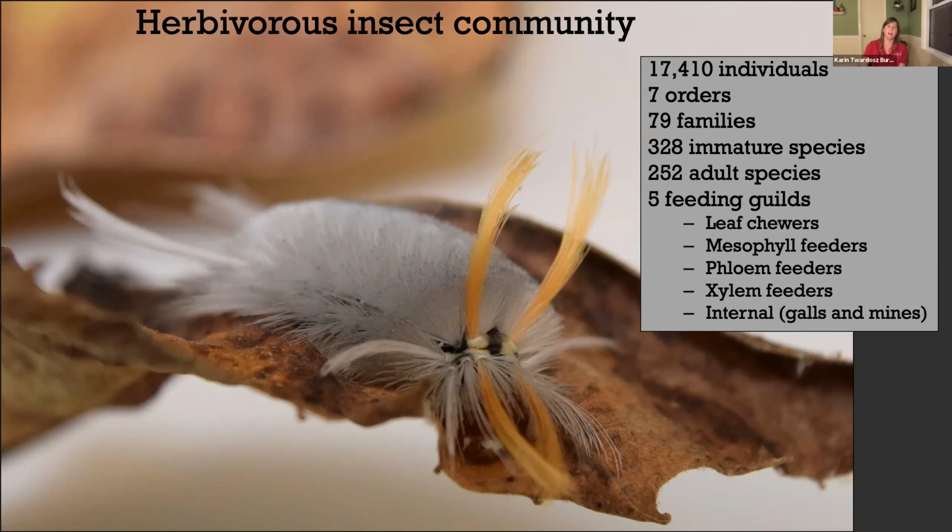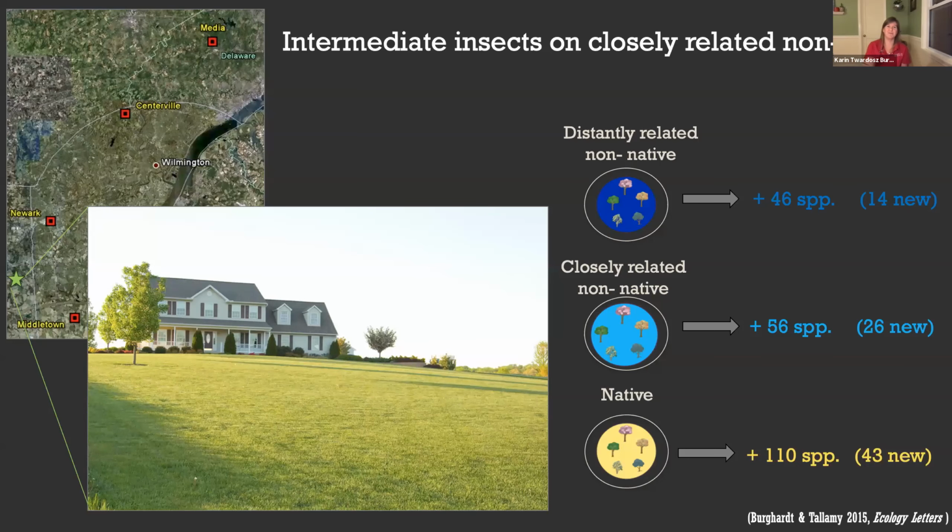Well, these are a number of different feeding guilds that we separated out to try to figure out if they would respond differently to these native and non-native plants. I can tell you there was a lot of time doing these identifications under a microscope, but it was very cool to look at over time.